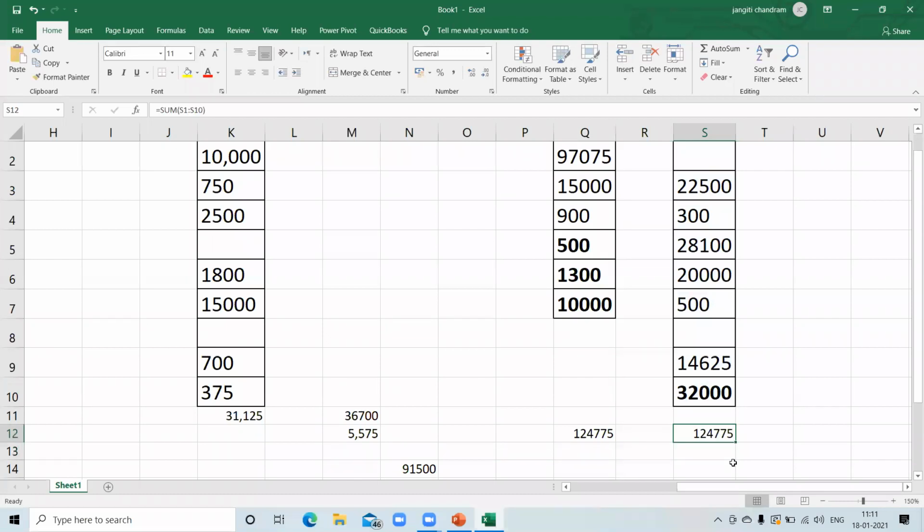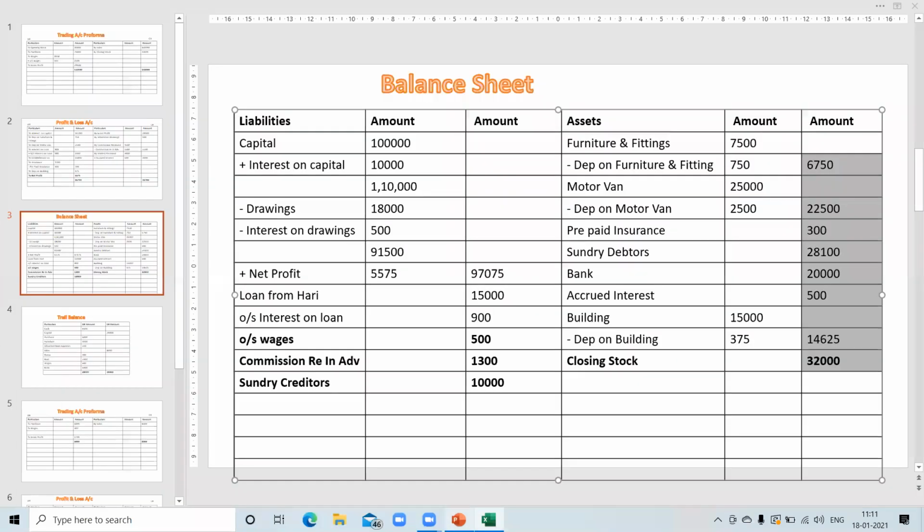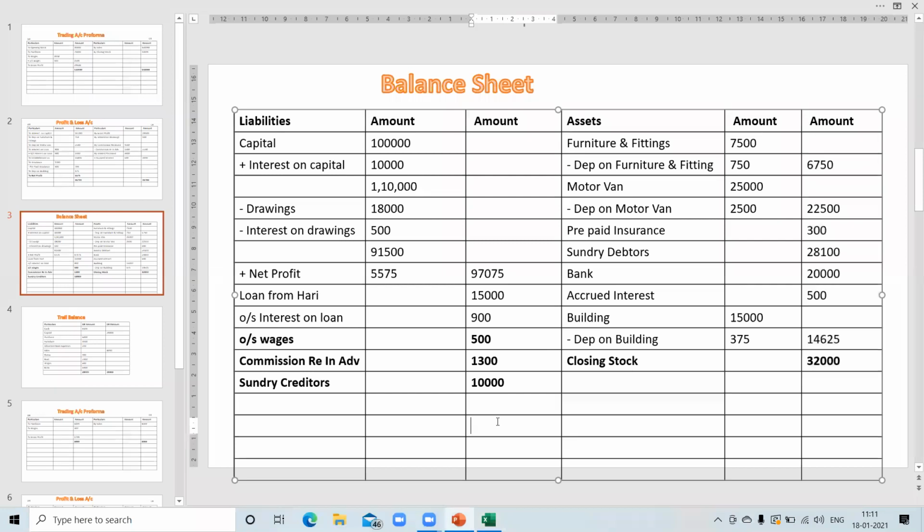So 1,24,775. Okay, so on both sides if you write the same amount, 1,24,775 plus the 1,24,775. Okay, so if we prepare manually, this is the way of the financial statement.